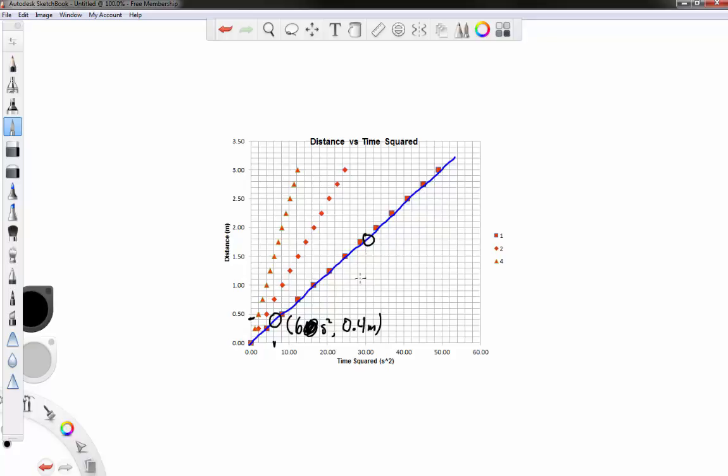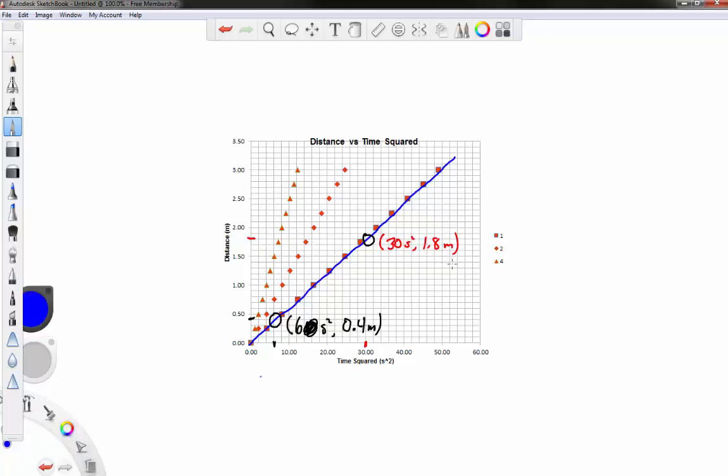This point right here, in the meantime, if I were to come down here and look, it's at the 30 second squared mark, and then coming over here, this right here looks like 1.6, 1.7, 1.8. So this is 1.8, this is 30 seconds squared, comma 1.8 meters.